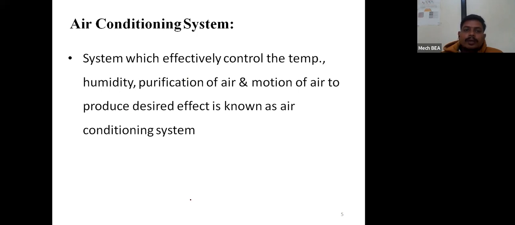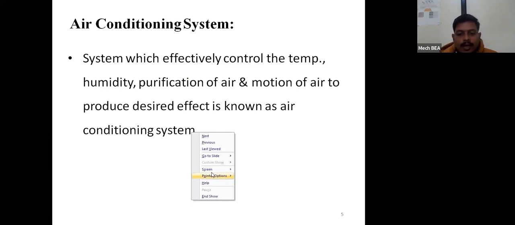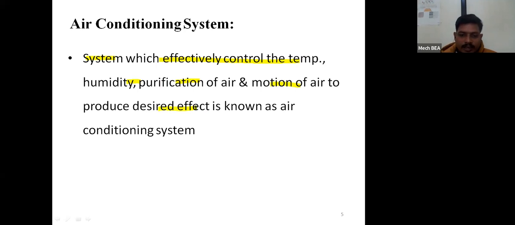So if anyone asks you the definition of an air conditioning system, you have to tell them that it is a system which effectively and simultaneously controls temperature, humidity, purification of air and motion of air to produce the desirable internal atmospheric condition.